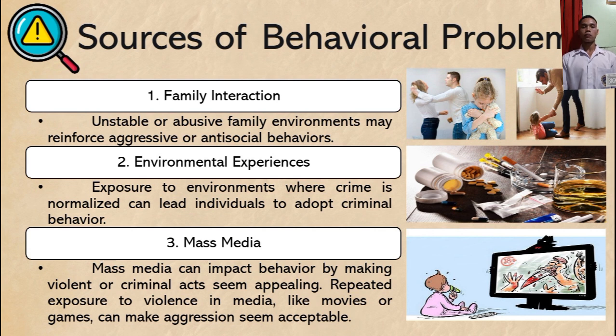Instead of solving their problems peacefully, they make aggression seem normal. Because the girl sees this, she learns that being angry and aggressive is a good way to deal with problems. When she faces issues at school like arguments with friends or frustration with teachers, she reacts by shouting or bullying, thinking it's the right thing to do.